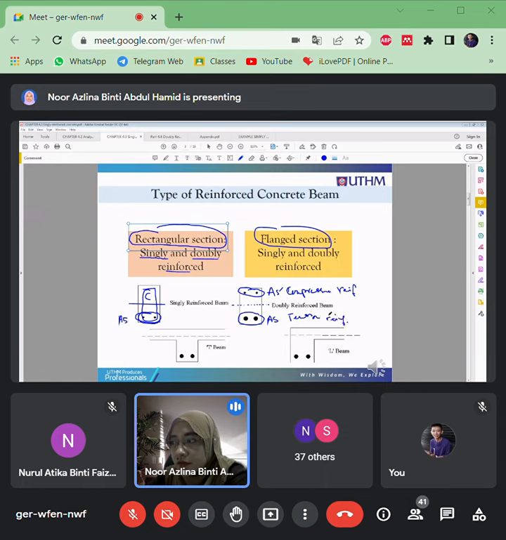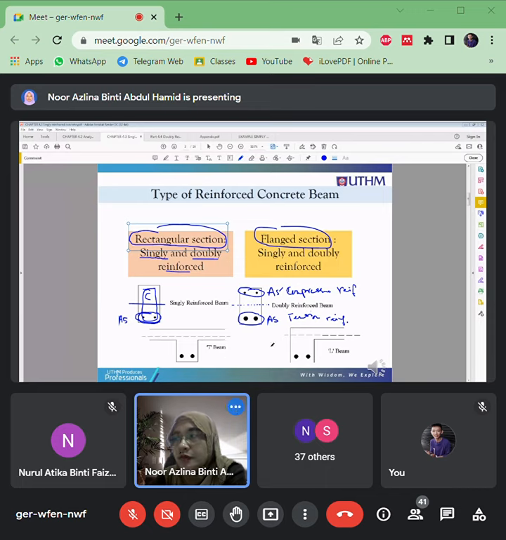So that means we have to check whether that rectangle section ataupun flange section, whether we should provide compression reinforcement or not. Depends on the load that is applied on it. Okay, kalau load tak berapa tinggi sangat, so we just provide the singly reinforced beam.